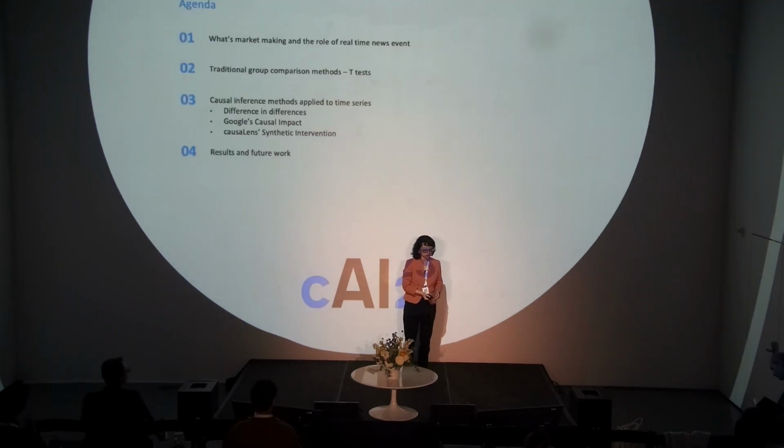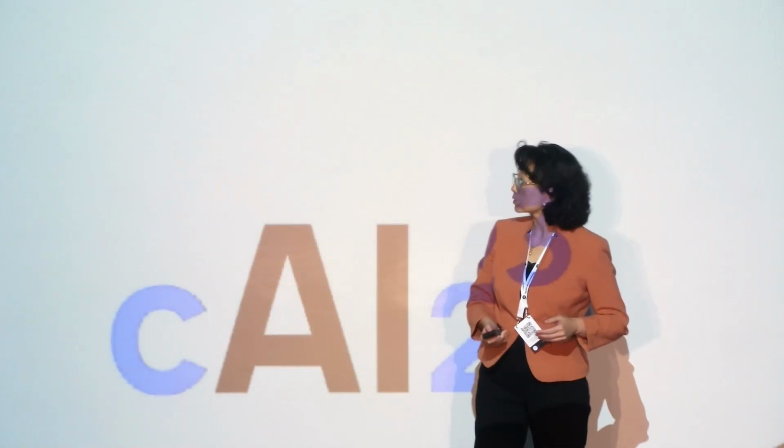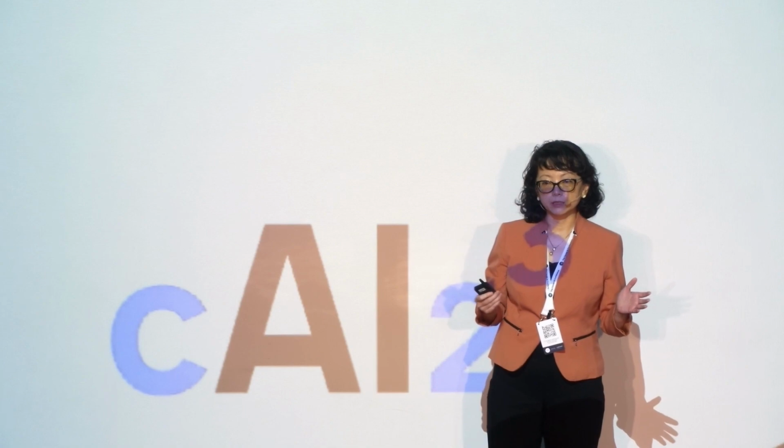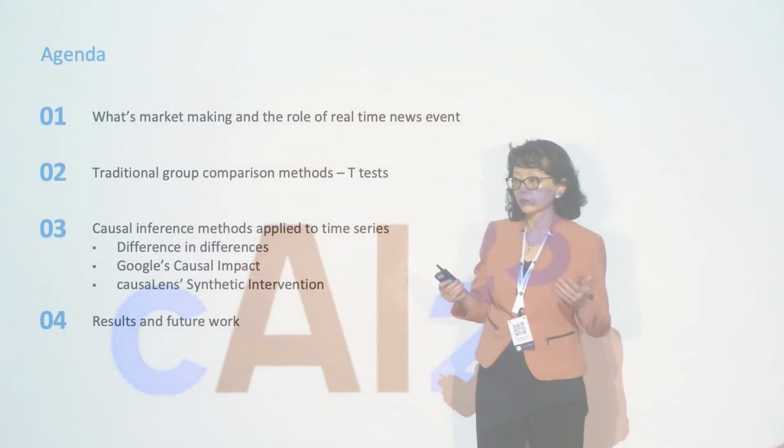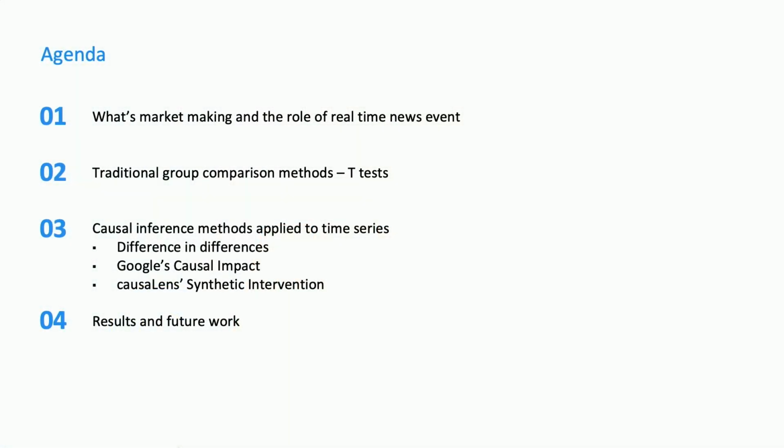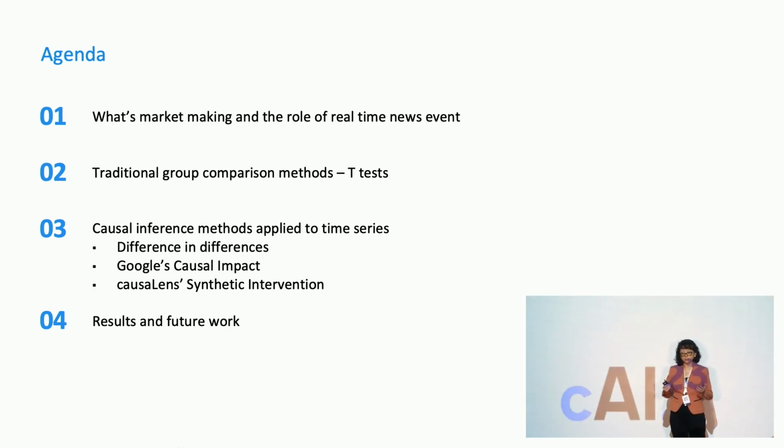So here's our brief agenda for the next 20 minutes. We're going to go over a little bit about what is market making, what is a core challenge in market making, and the role of a real-time news event. We're going to start with the traditional group comparison methods, doing the t-test comparisons, comparing the group average between the control group and treat group, and then move to more focused recent causal inference methods applied to the same space.